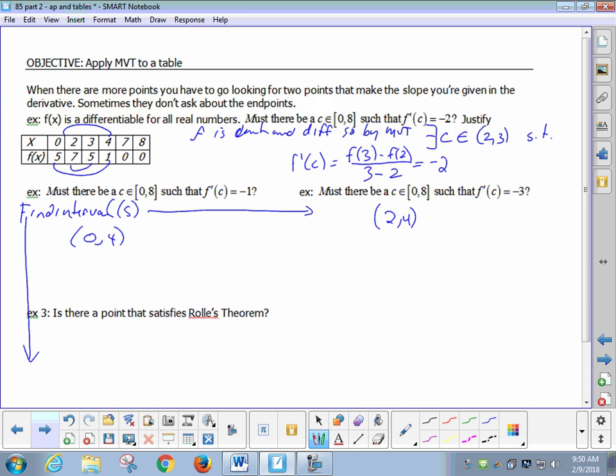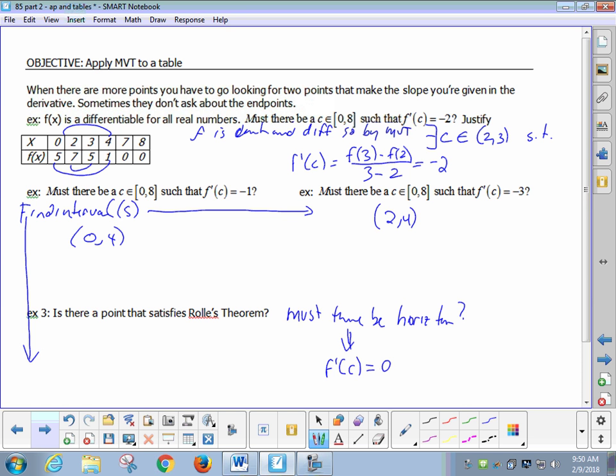And I wish I would have phrased this differently. Sometimes you'll see a question of something like, must there be a horizontal tangent? What would that imply? F prime at some point has to equal 0, okay?